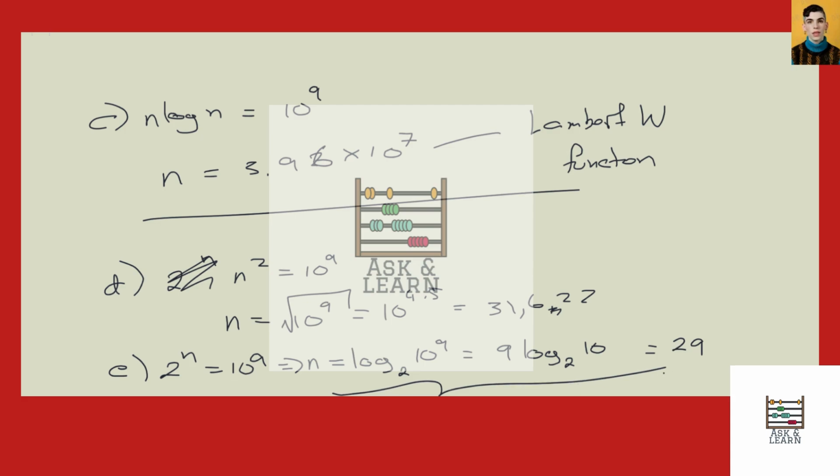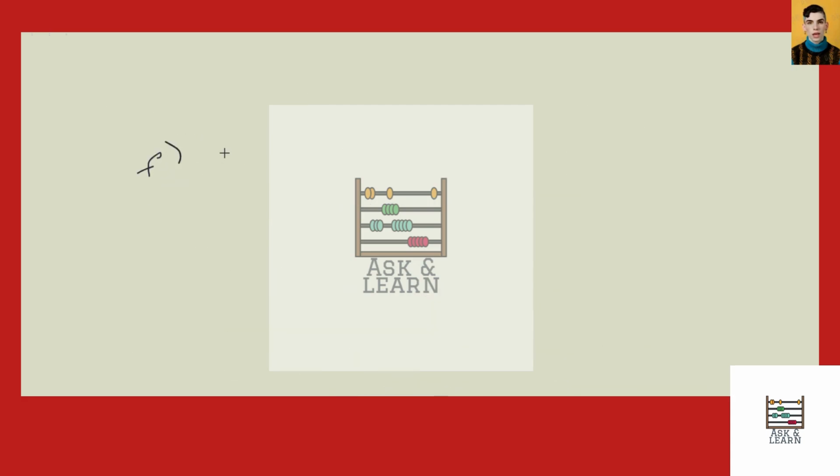For f, you have n factorial is equal to 10 to the 9. To do this, if you get a list of factorials, you know that 12 factorial is equal to 4.79 times 10 to the 8, and 13 factorial is equal to 6.23 times 10 to the 9.